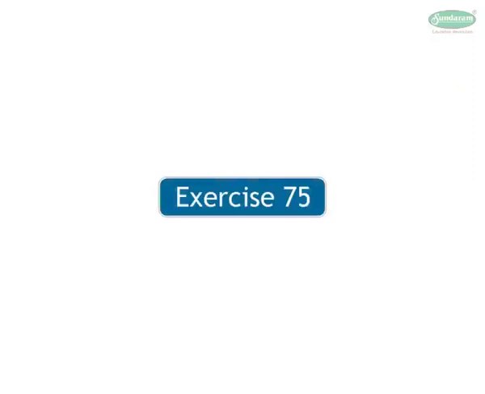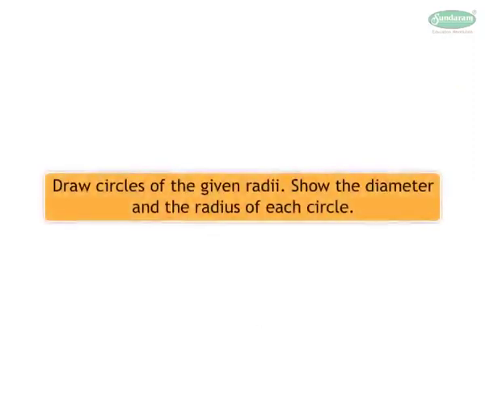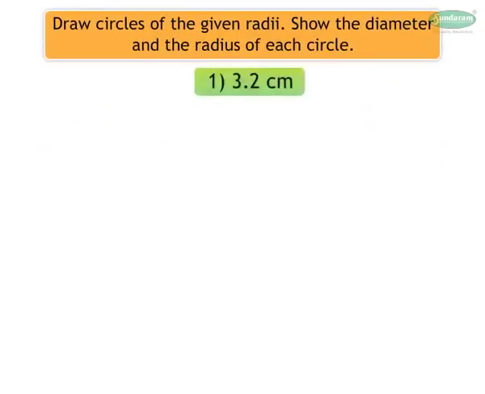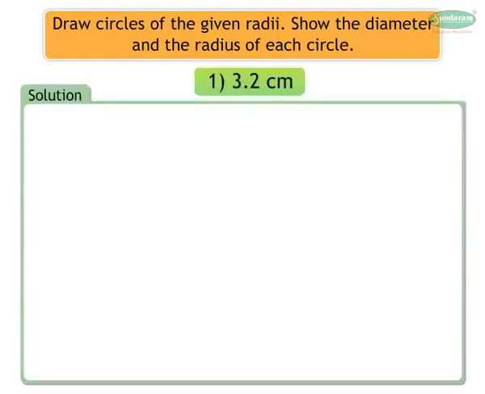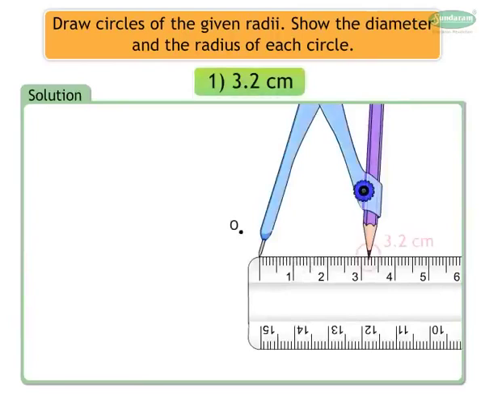Now, let us solve exercise 75. Draw circles of the given radii. Show the diameter and the radius of each circle. Number 1. 3.2 centimeters. Solution. Take a point O. Measure 3.2 centimeters between two ends of the compass.